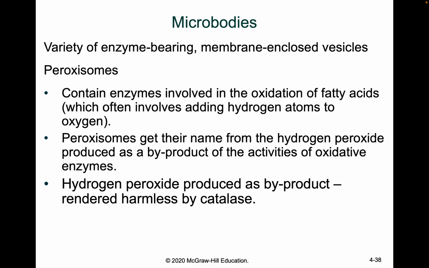Where you're doing, let's say, the polymerization of polymers and all that stuff, that can be very lethal, so you cannot have these enzymes floating around. So, very similar to lysosomes, you have these oxidative enzymes encapsulated in a membrane. That's what peroxisomes are.